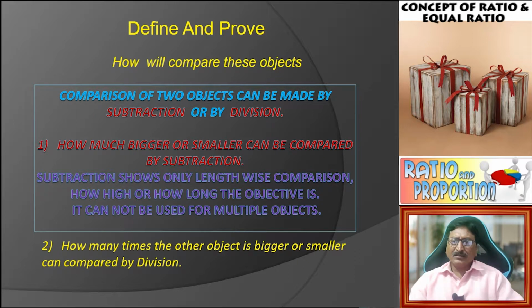We have to understand their relations, lengthwise or volume wise. There is a simple method of ratio to understand the comparison between two objects, and it will be useful for finding other ratios also. Now we'll see another slide here.